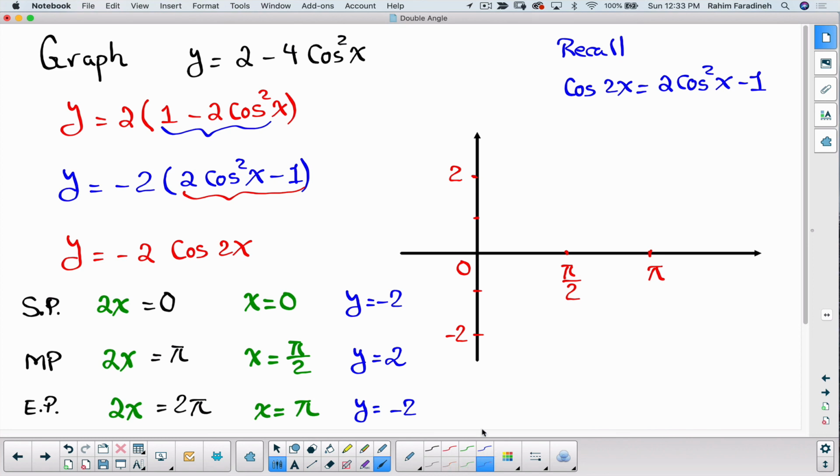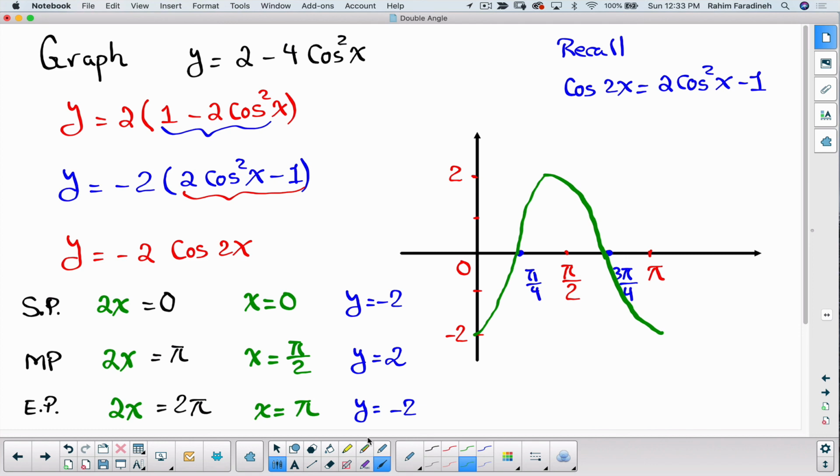Now you can go ahead and do the quarter points, which will be at pi over 4 and 3 pi over 4. And this is how the graph is going to look. So this is the graph of y equal to 2 minus 4 cosine square x.